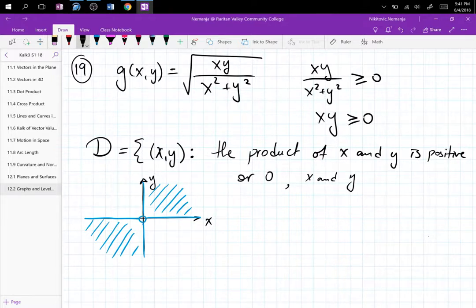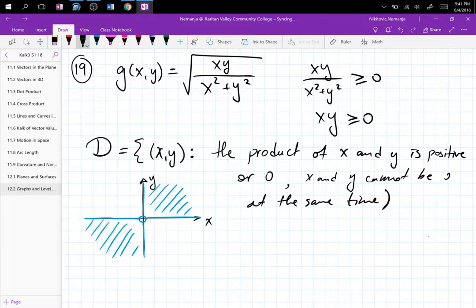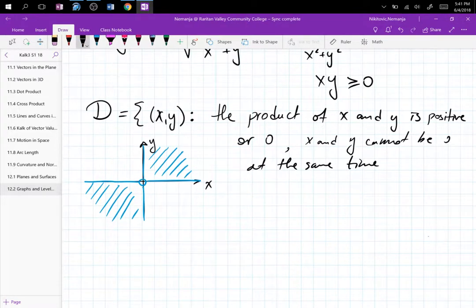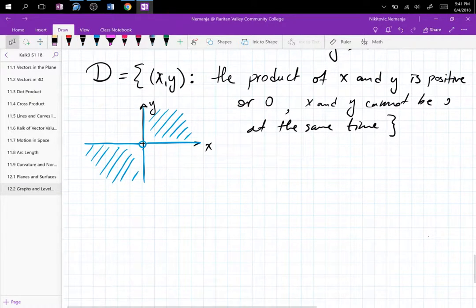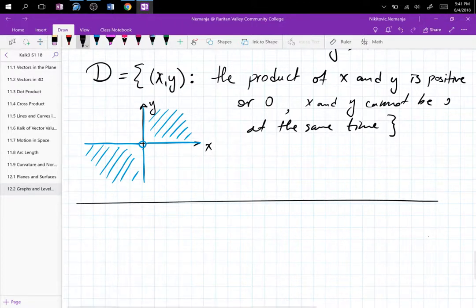X and y cannot be 0 at the same time, because that will kill the denominator. There we go. The only thing that is left is level curves.